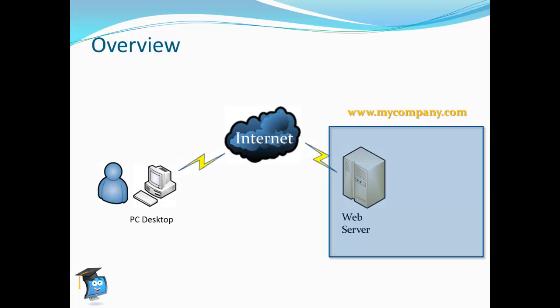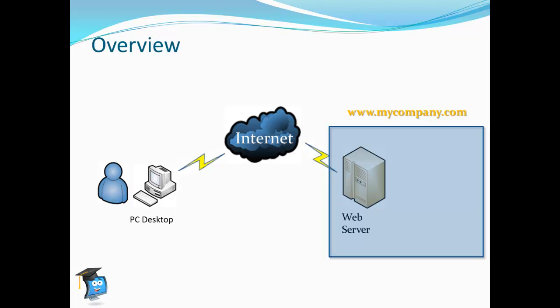When you set up your website, one of the things that you've got to define is the name of your site, specifically your domain name. Up above you'll notice that I have www.mycompany.com. This is just an example and not a real domain name, but for our purposes we'll use it as our example here.